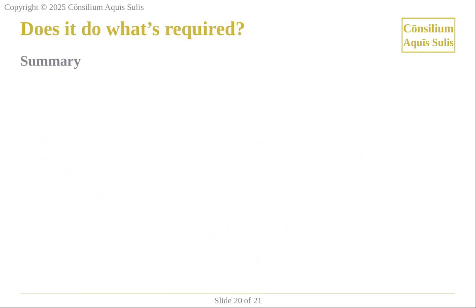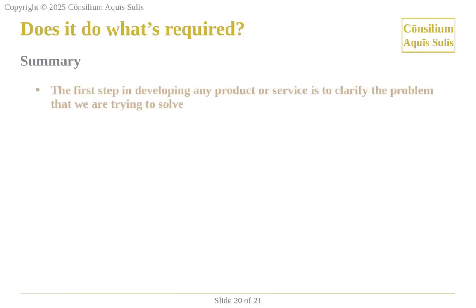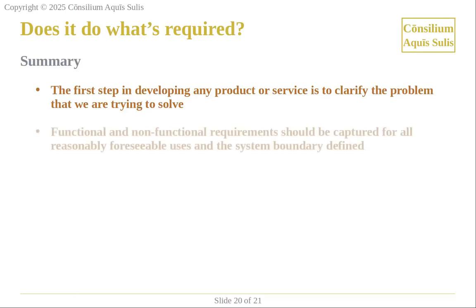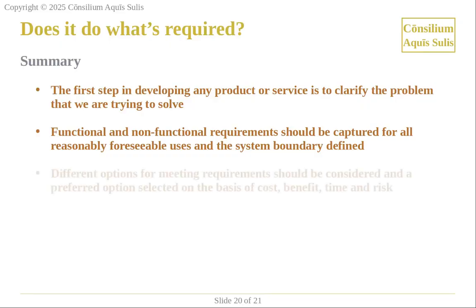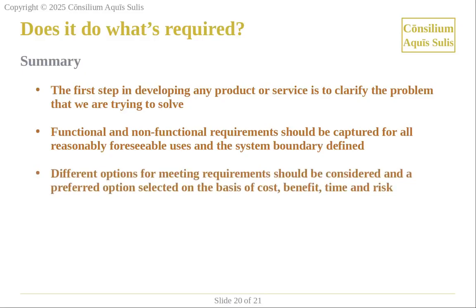In summary, the first step in developing any product or service is to clarify the problem that we are trying to solve. Functional and non-functional requirements should be captured for all reasonably foreseeable uses and the system boundary defined. Different options for meeting requirements should be considered and a preferred option selected on the basis of cost, benefit, time, and risk.